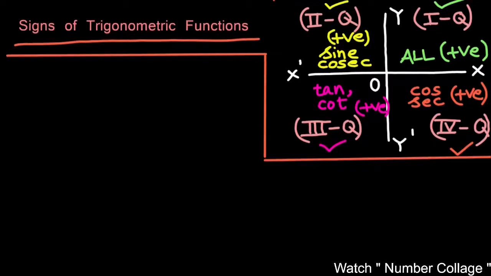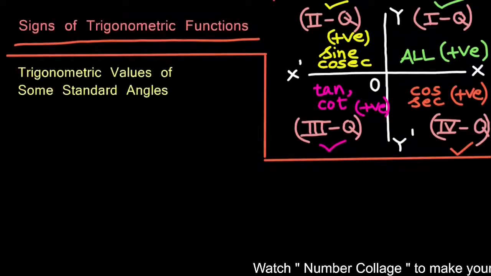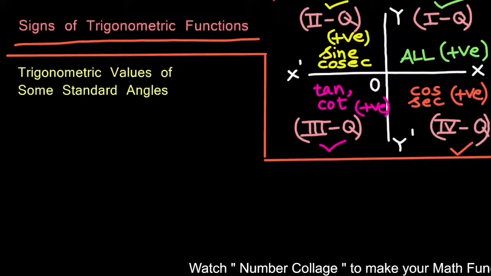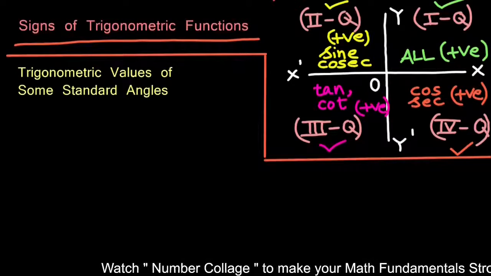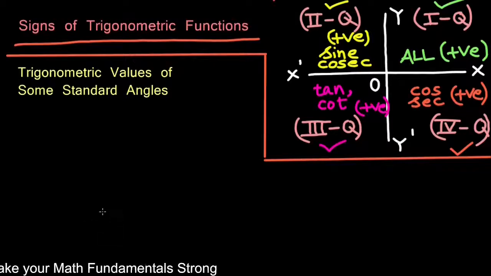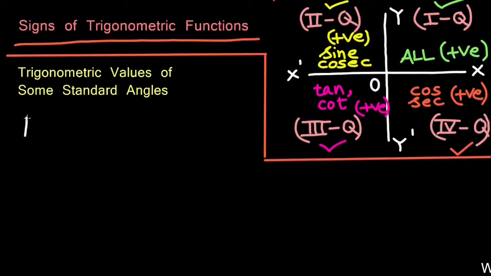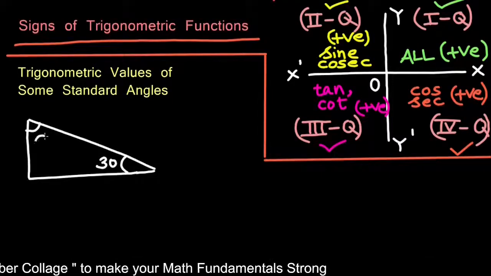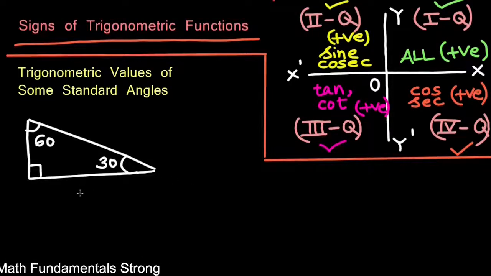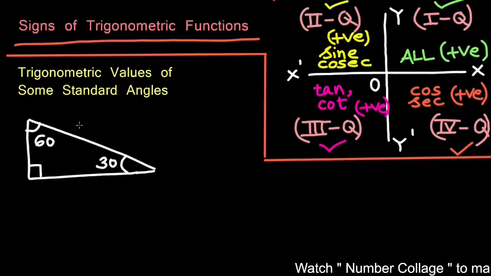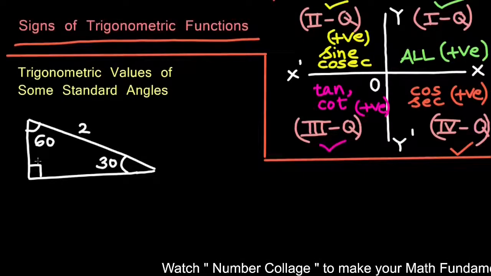Next, we will see how to remember trigonometric values of some standard angles in a concise manner. All we have to do is to draw two right triangles. The first is a 30, 60, 90 right triangle and assign value 2 to its hypotenuse.